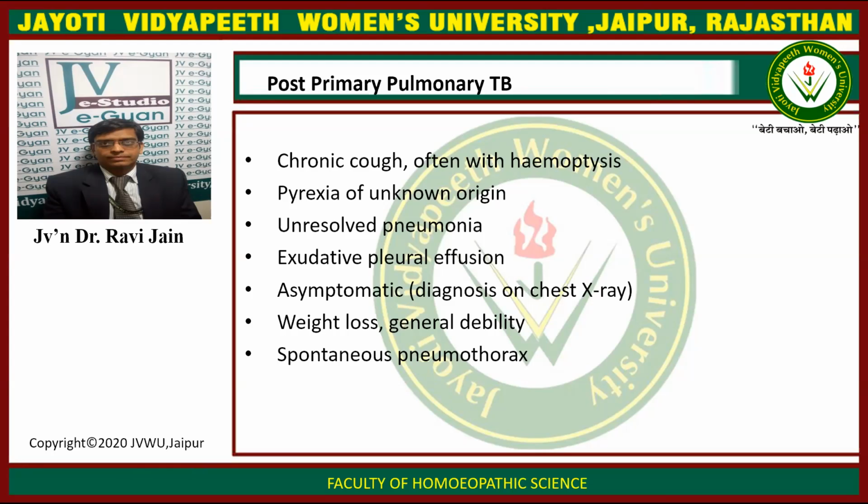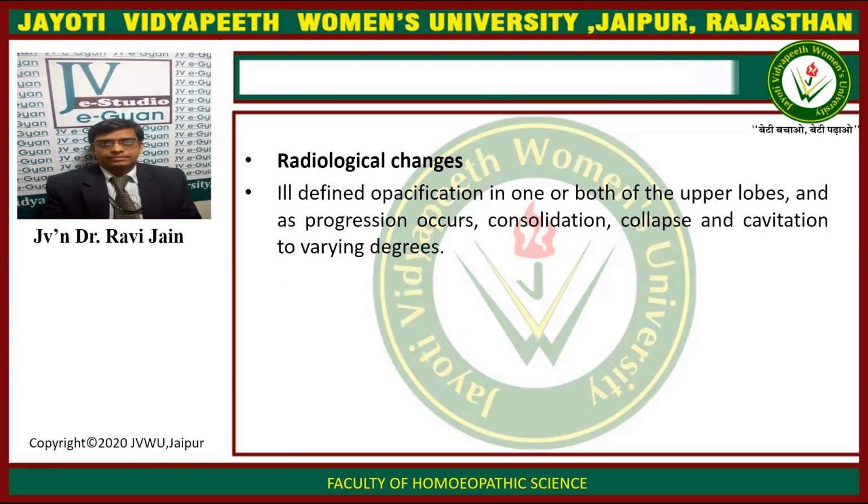There can be weight loss and general debility, and spontaneous pneumothorax. The radiological changes consist of ill-defined opacification in one or both upper lobes. As progression occurs, there is consolidation, collapse, and cavitation to varying degrees.